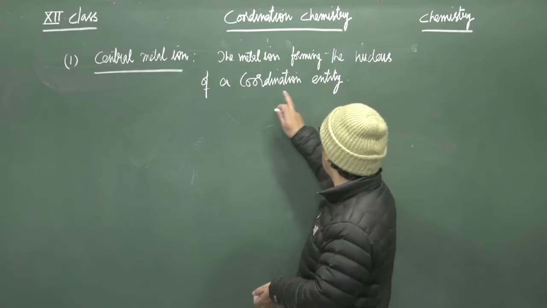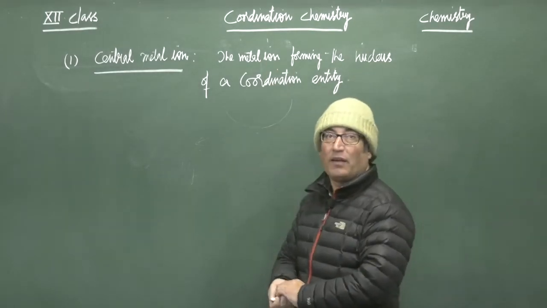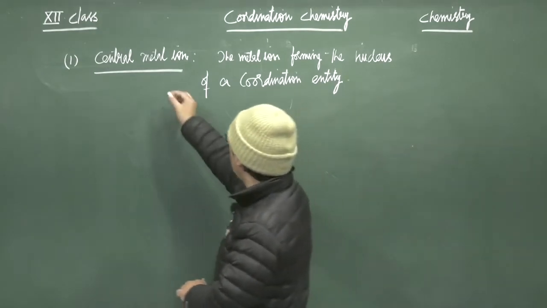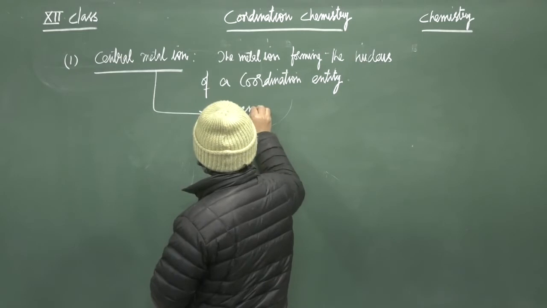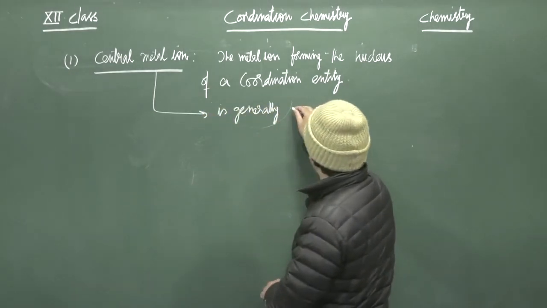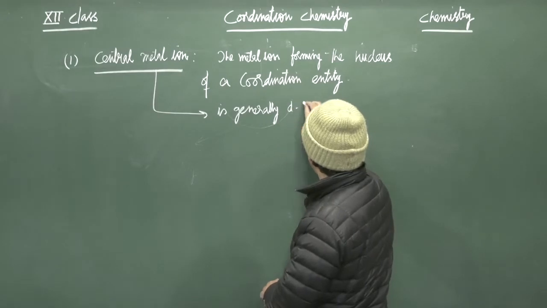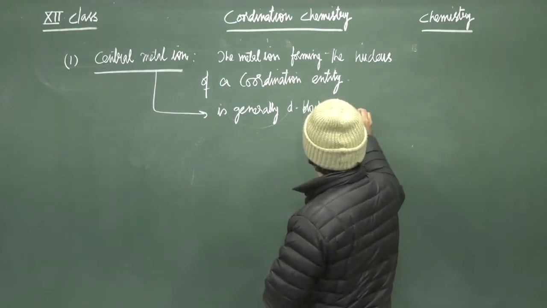So in every coordination entity, there's a nucleus which is the metal ion, and the central metal ion is generally a D block element.